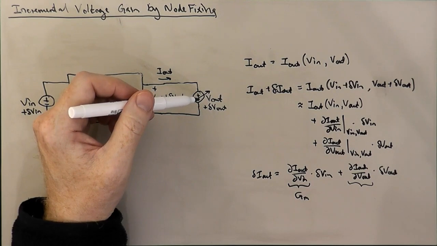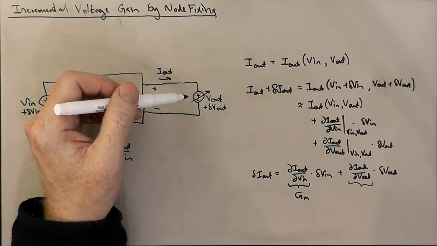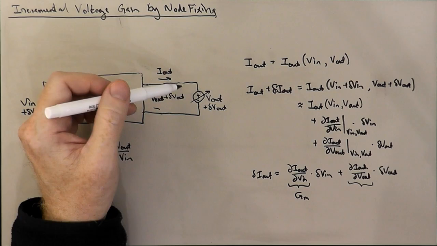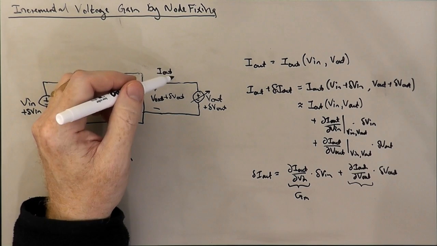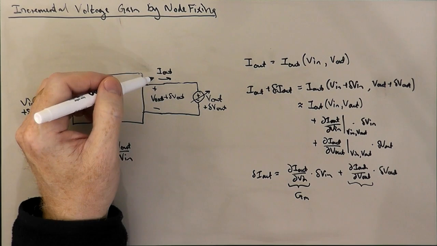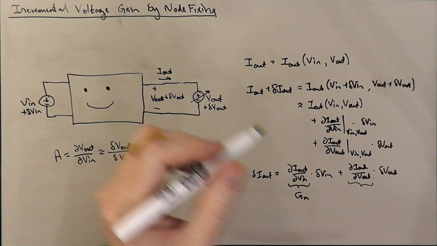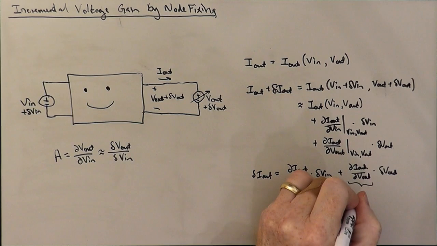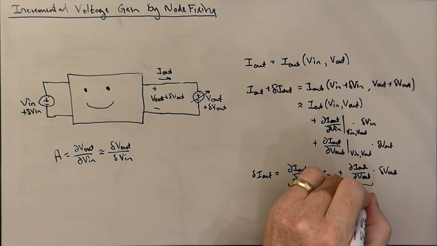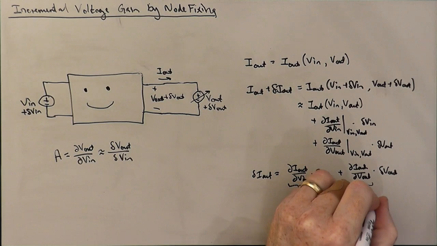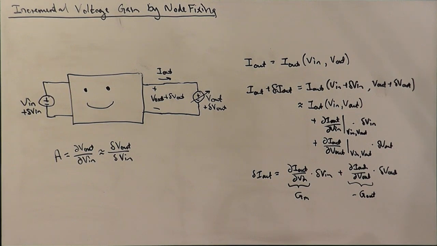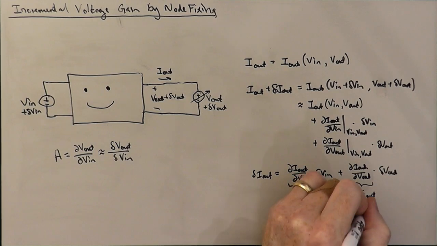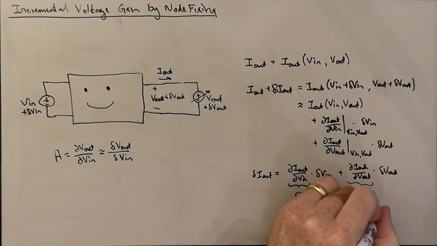Our sign convention for an input, like a port voltage or a port conductance, driving point conductance, is positive current flowing in. So this is going to be basically minus what we might call G out, minus the incremental output conductance of the circuit, or minus 1 over R out.